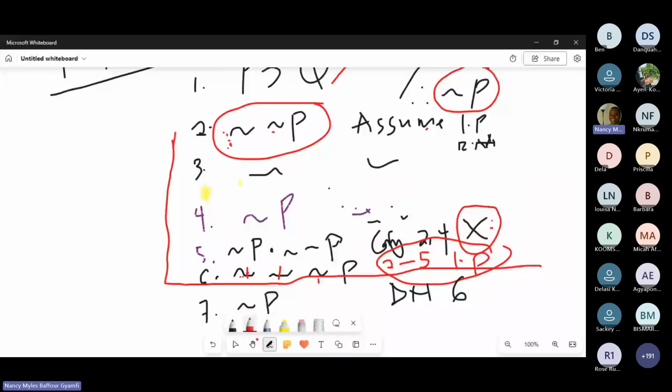So we have to make sure that our given conclusion is what has been negated here. So in fact, the real thing to mark is line 2. Watch. Not P is what you have negated. How did you get the not P? You went to look at your given conclusion and negated it.